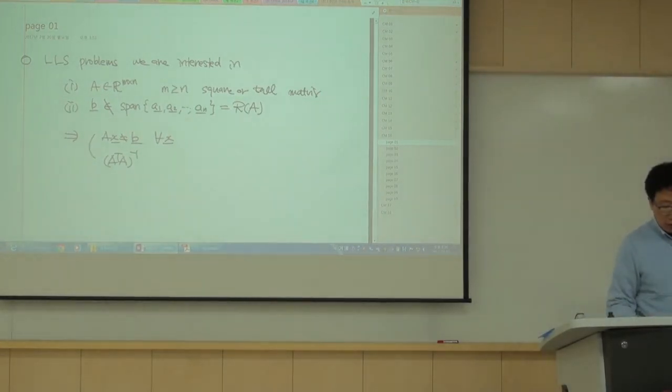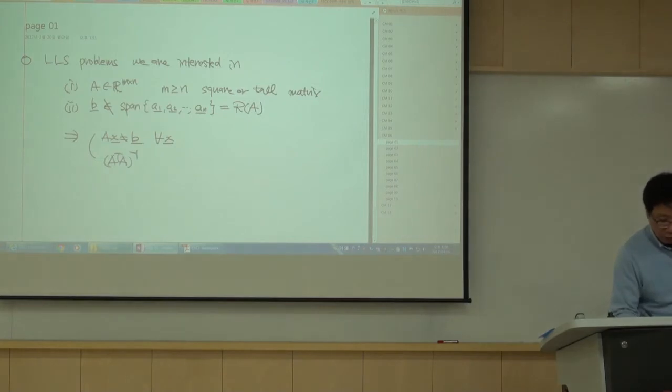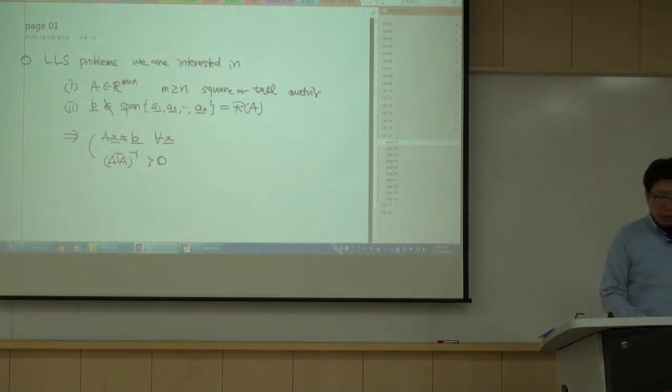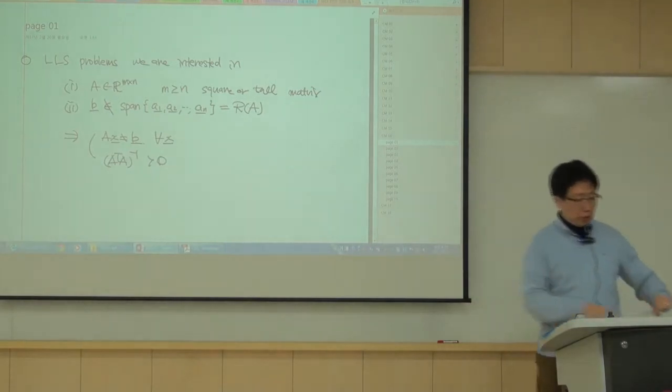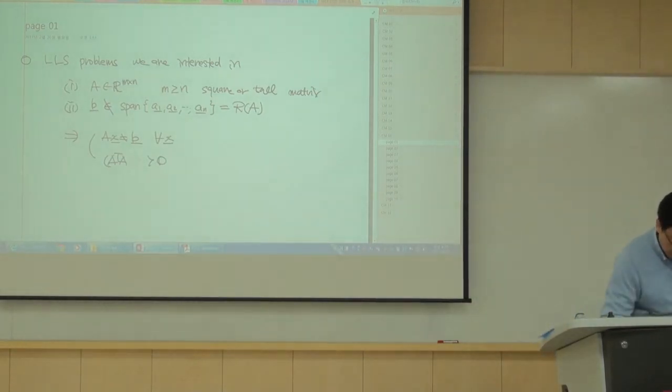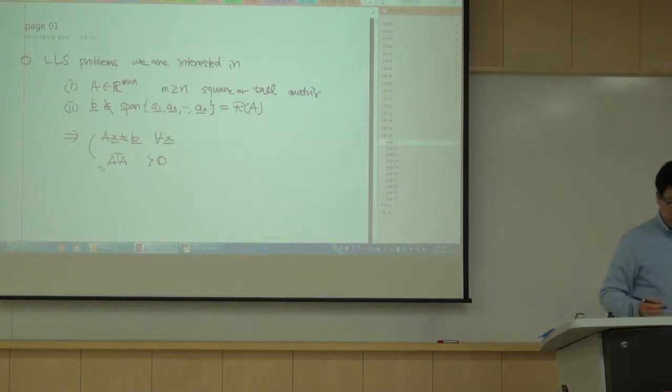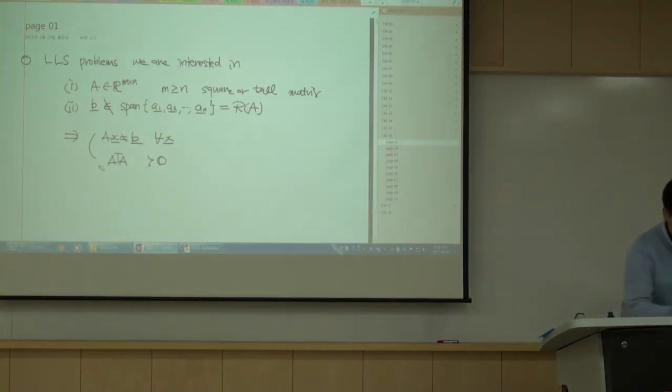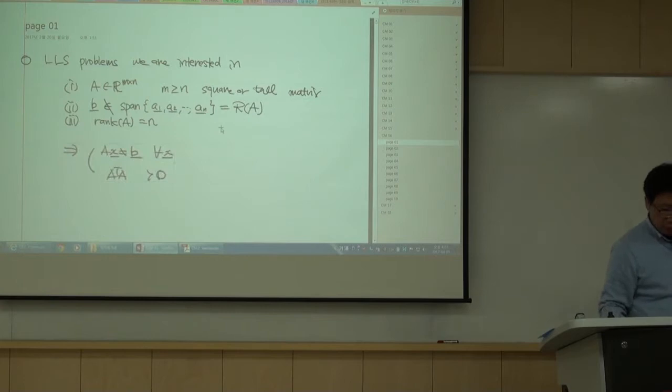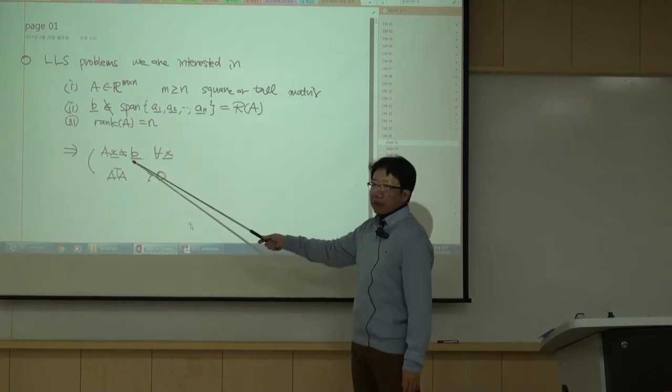And obviously this is positive definite, so let me just say A transpose A is positive definite. Is it true? Something's missing, right? Yeah, one is missing. So rank of A equals n. So the second condition says this.